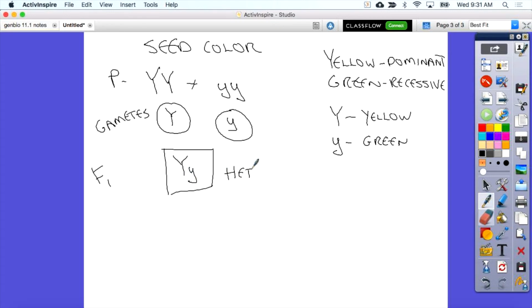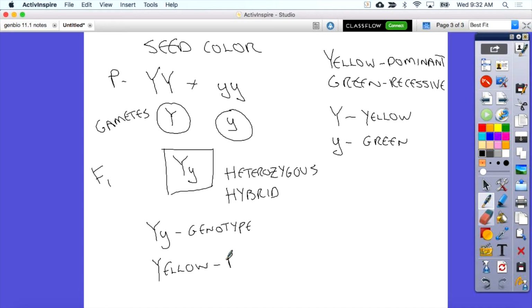This is heterozygous, or hybrid. We have purebred or hybrid where we have non-identical alleles. And so big Y, little y is the genotype, and the ratio is 1 to 0, and yellow is the phenotype, what it looks like, phenotype.